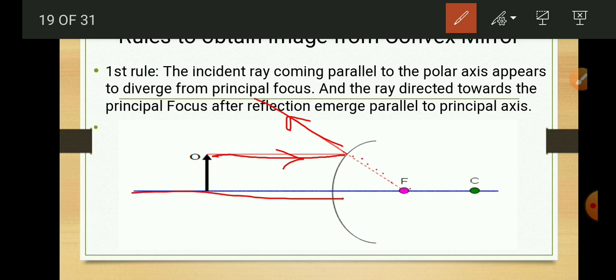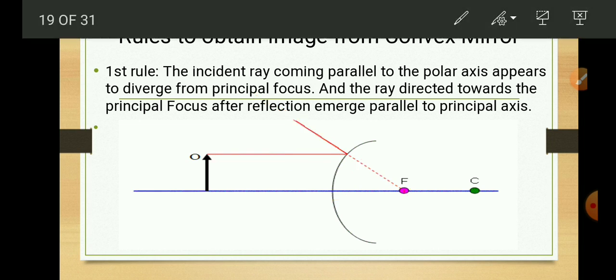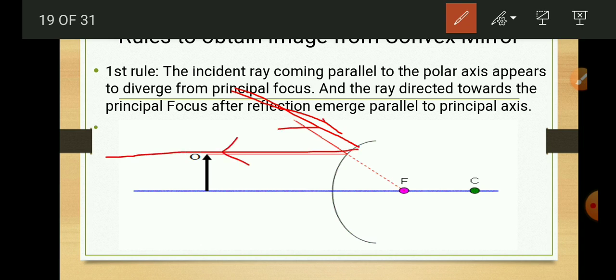If we extend this reflected ray behind the mirror, it will appear that it diverges from the principal focus. And the ray directed towards the focus will emerge parallel to the principal axis. This is the ray which is directed towards the principal focus, then after reflection it will go parallel to the principal axis.